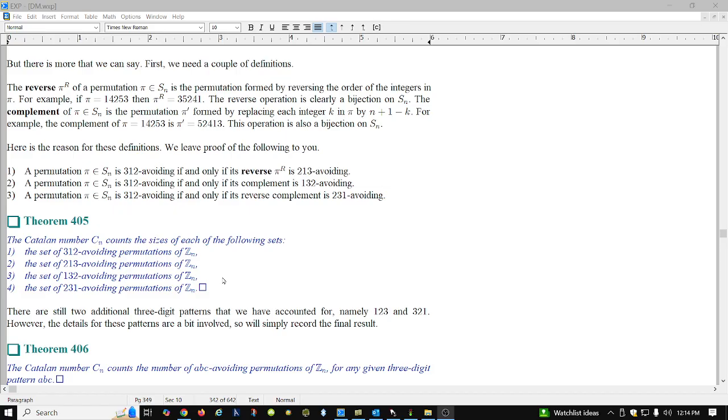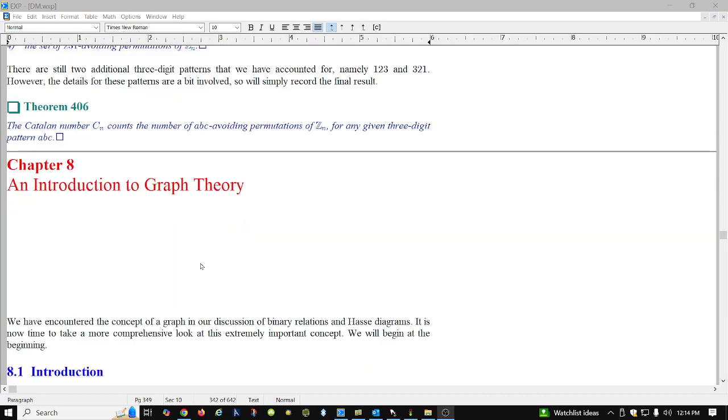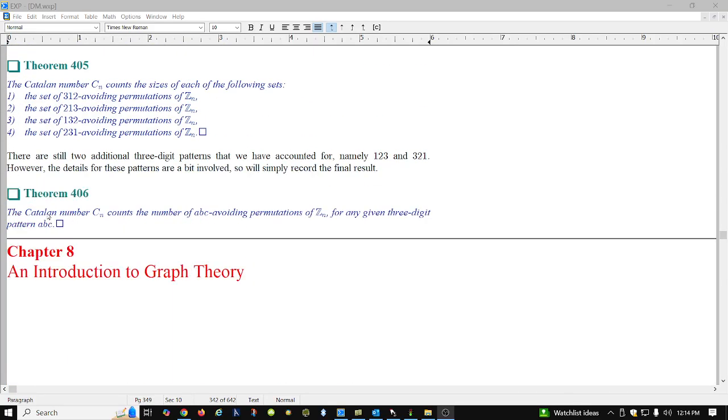But nonetheless, it is still true that the Catalan numbers will count the number of avoiding permutations for those two patterns as well. So the Catalan number Cn counts the number of A, B, C avoiding permutations of Sn for any 3-digit pattern.